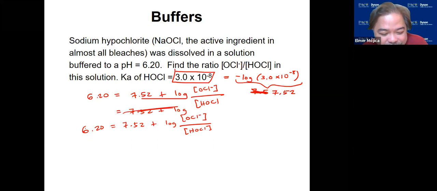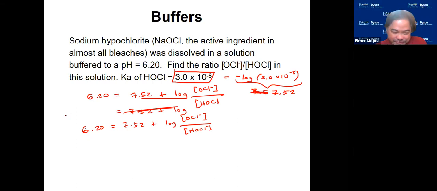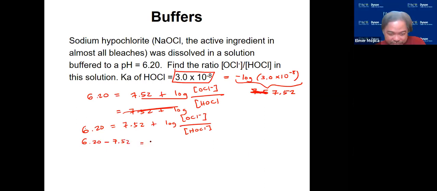So what do you think is the next step? John. You can subtract 7.52 from 6.2, and then you can just solve for the ratio. Okay, so how am I going to set this up? Maybe this going there? So I end up with a log here. How will I remove the log?